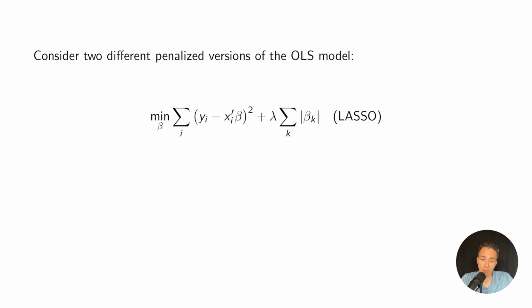With lasso, let's just take the usual OLS objective function, which is to minimize the sum of the squared deviations. And then we're going to add a penalty term that's lambda times the sum of the magnitudes of the betas, where magnitude here is the absolute value.